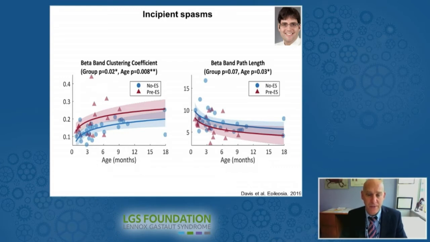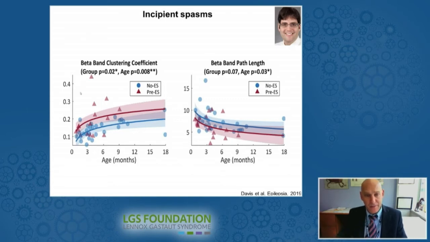Like, if you have a local connection, what's the chance that two neighboring electrodes are also connected to the other neighboring electrode? And the path length is like, if you go from A to B in the brain, from one end to the other and back, what is on average the number of steps you need to take using only a certain strength of connections, for example.